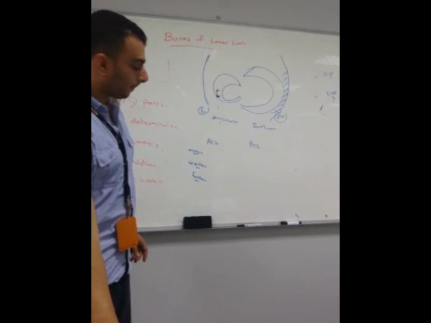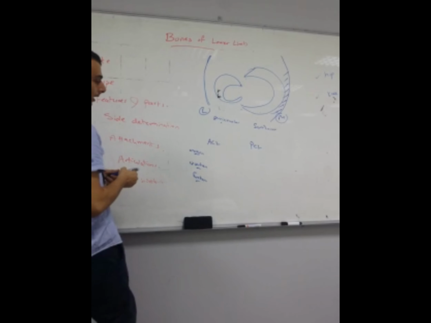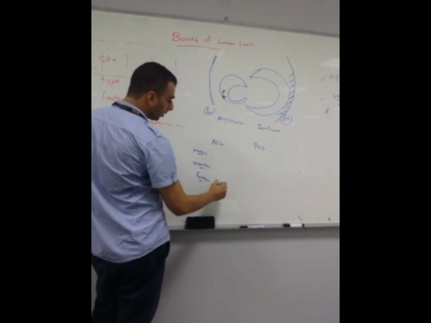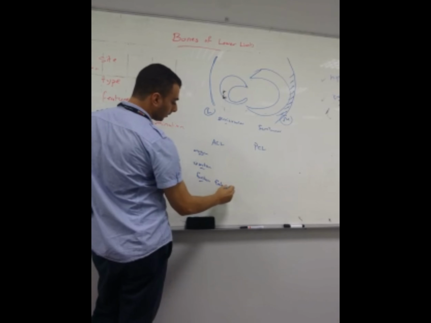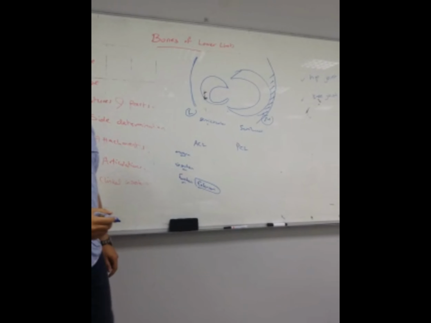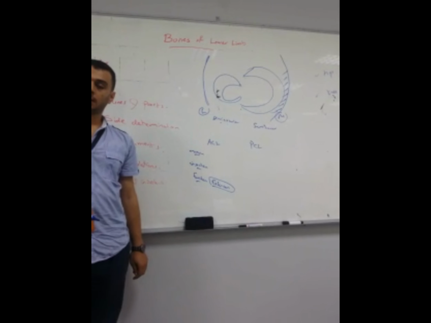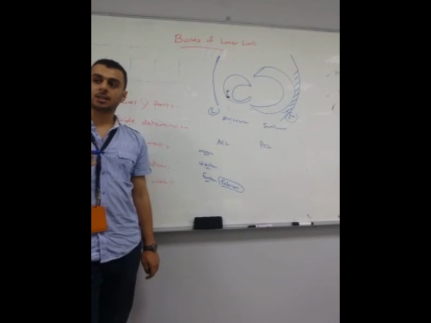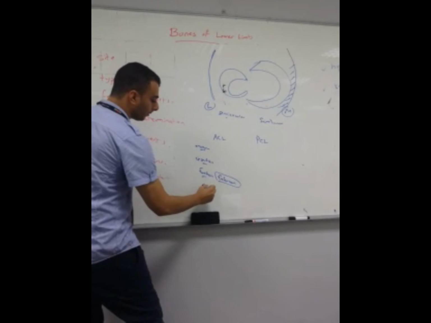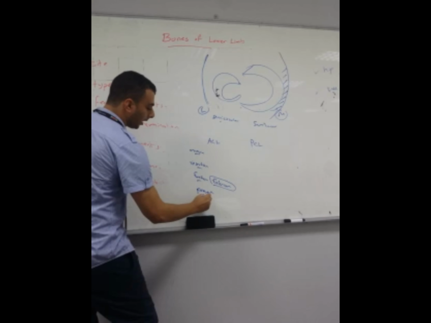Basically, the ACL is going to be stretched during extension of the knee joint. ACL will be stretched when there is extension of the knee joint. So the function will be prevention of hyperextension.